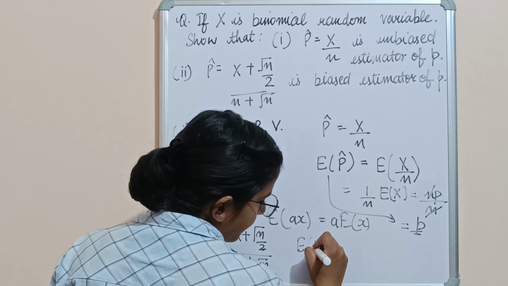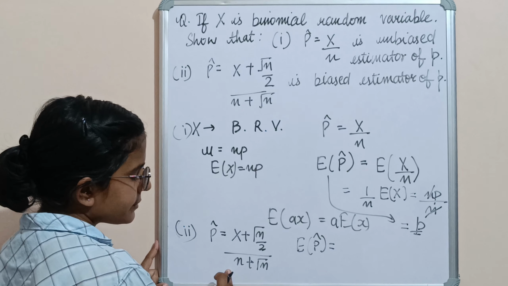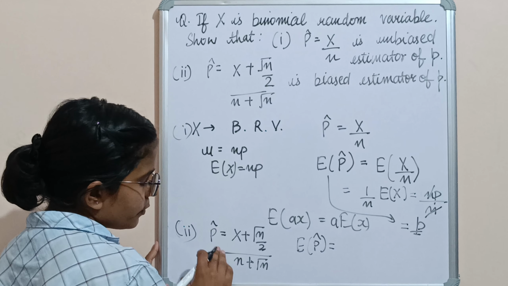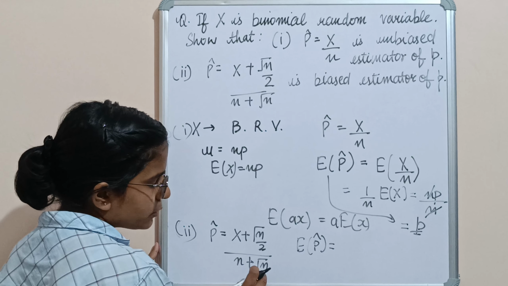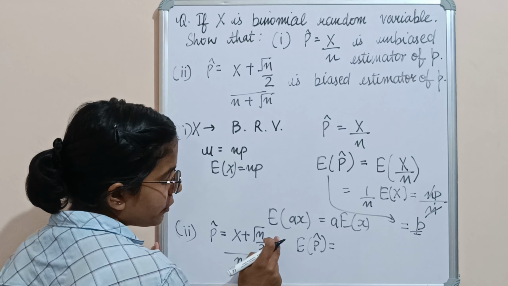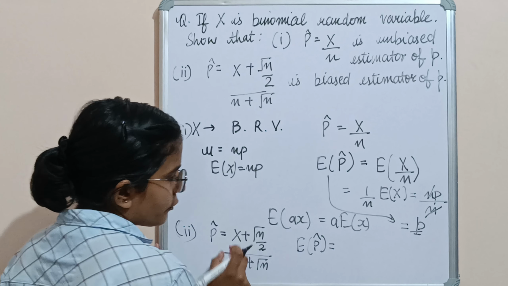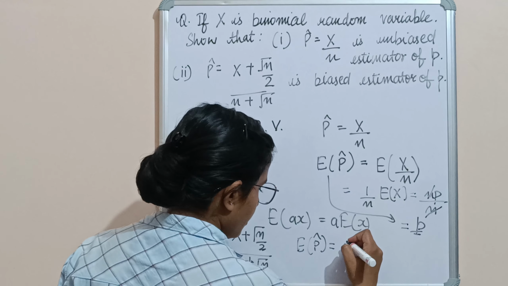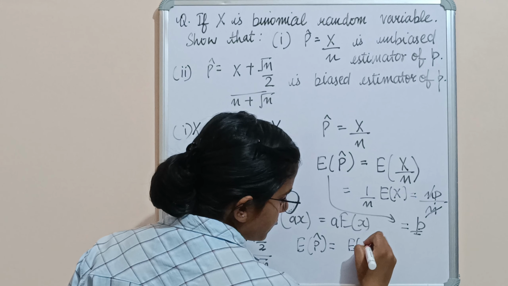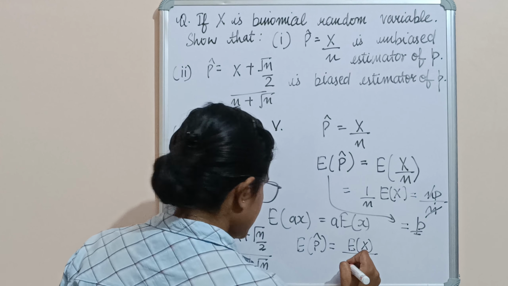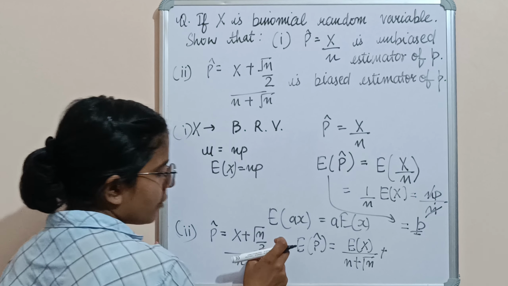Expectation of p cap will be equal to expectation of this. Now we can write this as X divided by n plus root n, plus under root n by 2 divided by n plus root n. So for the first part, this will be equal to expectation of X divided by n plus root n, plus expectation of this.